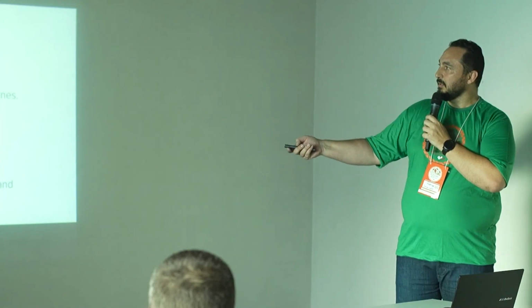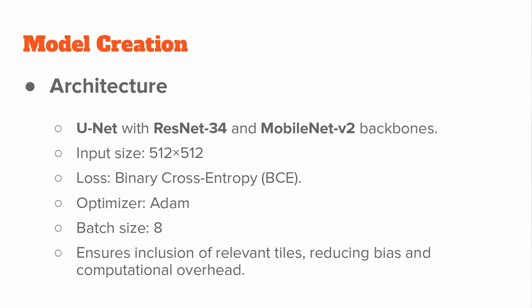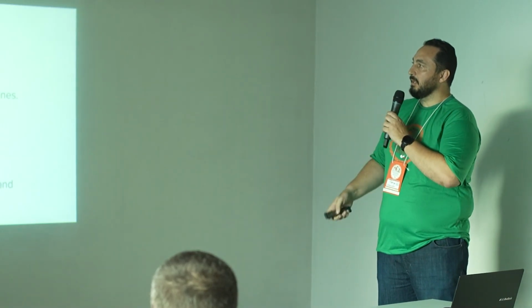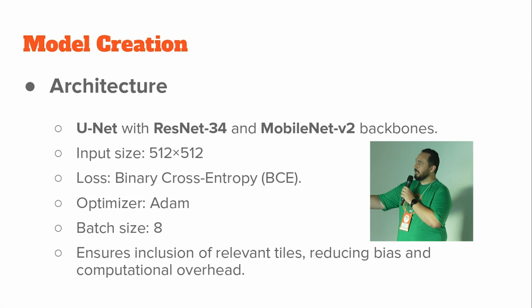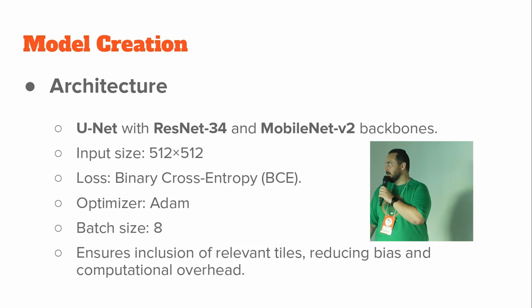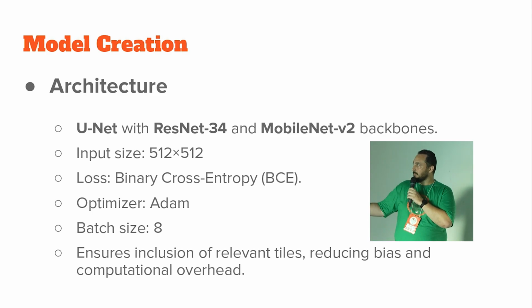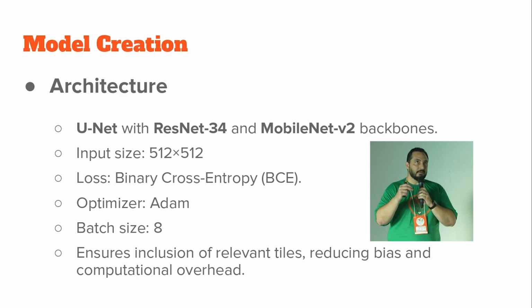And what algorithm did we use? We used a CNN, a convolutional neural network called UNet, with different backbones. We tested two backbones, ResNet 34 and MobileNet version 2. What are these backbones? We need a lot of images to get a well-trained model to segment the image and identify the trees.